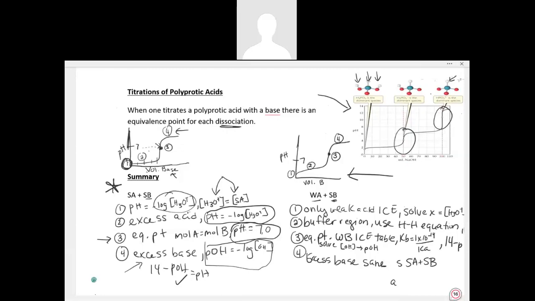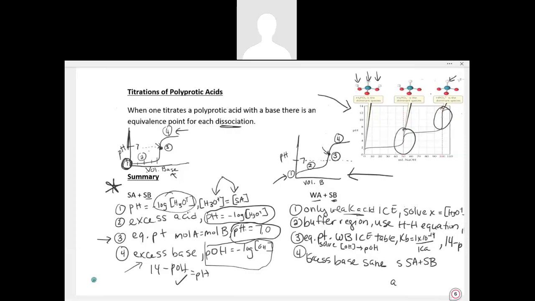Now I have my 4 points. You'll see that my pH of 7 is below my equivalence point now at point 3. At point 1 we have a weak acid, so we're going to use a weak acid ICE table.